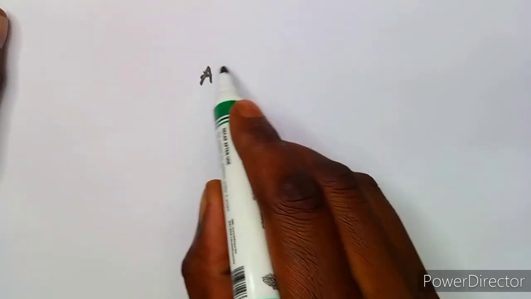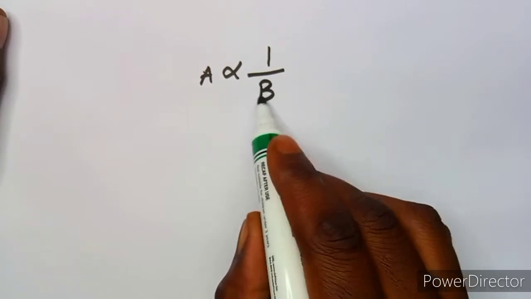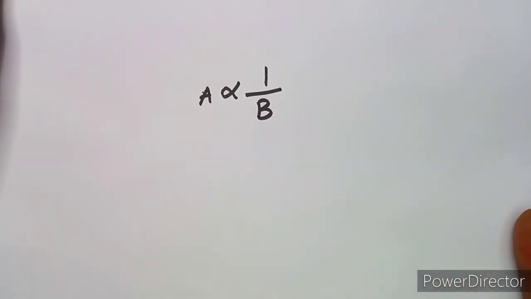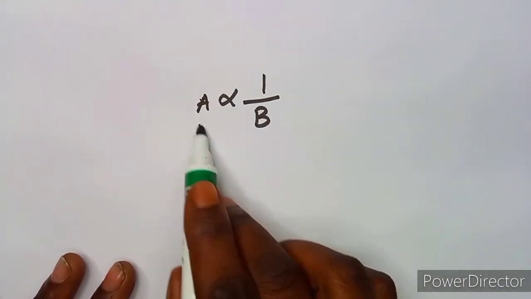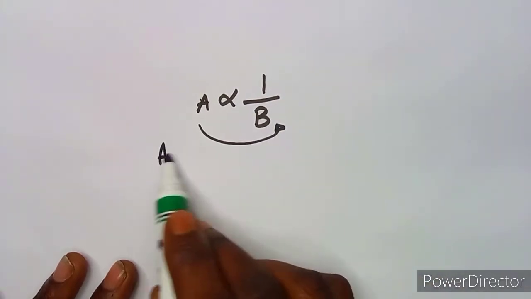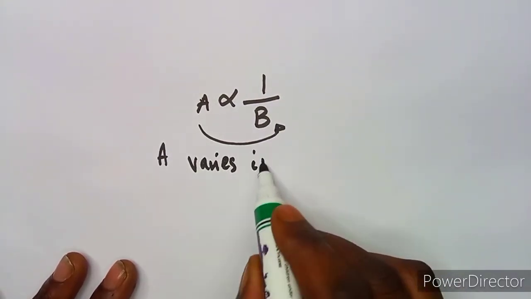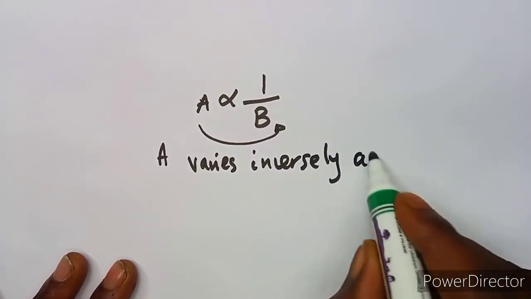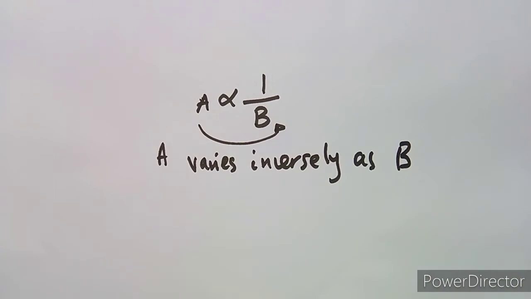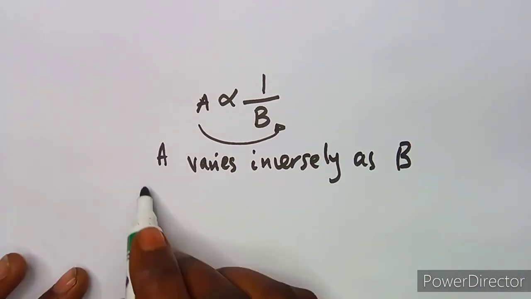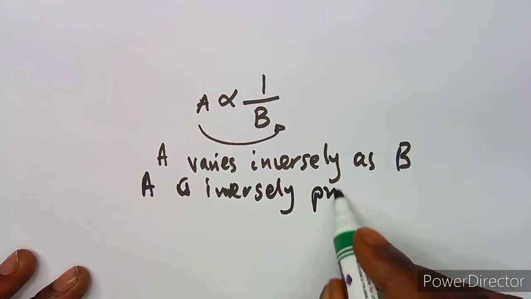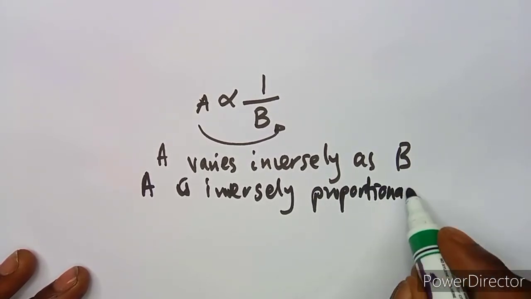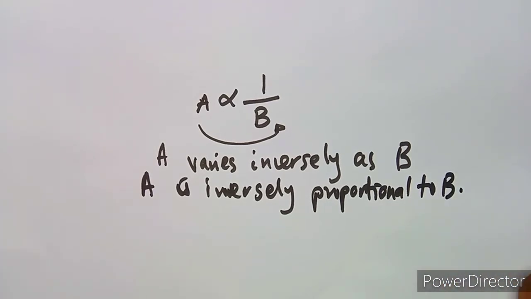If you are given inverse variation, you are given such a consideration: A varies inversely as B. In words, as we are given 1 over B, it means A varies inversely as B, or inversely with B, or A is inversely proportional to B. That's another way they can give it to you.